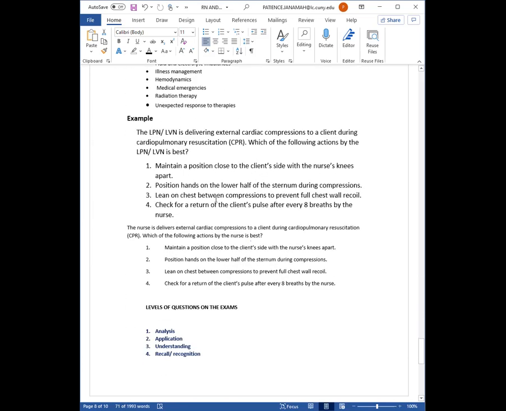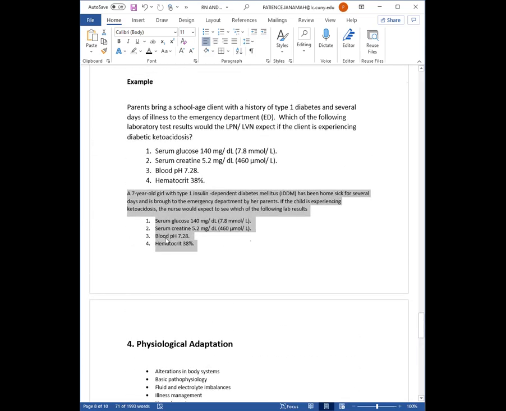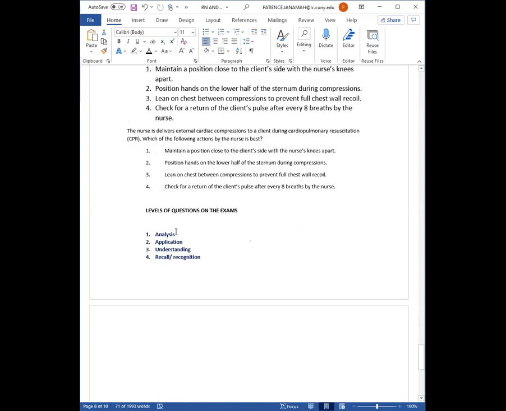That's analyzing. So you have to understand that the pH has a normal value, and if it's not normal among these numbers, and acidosis, you have to understand this is an acidic component. So analyzing and application level questions are those that will help you pass your exam.